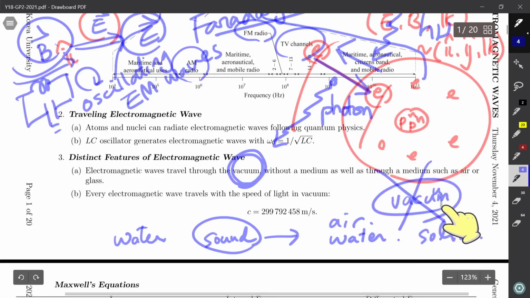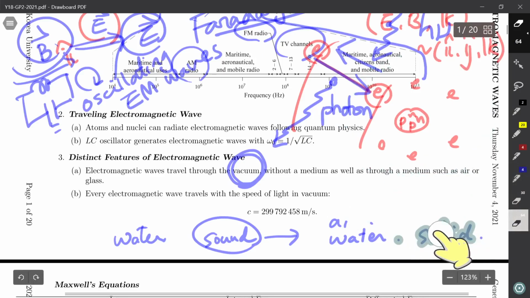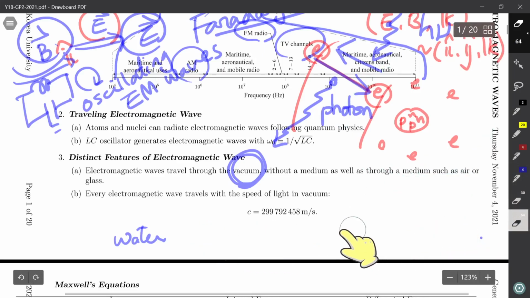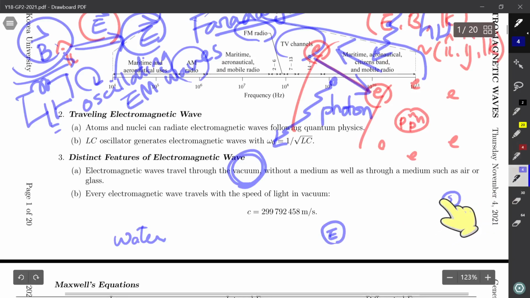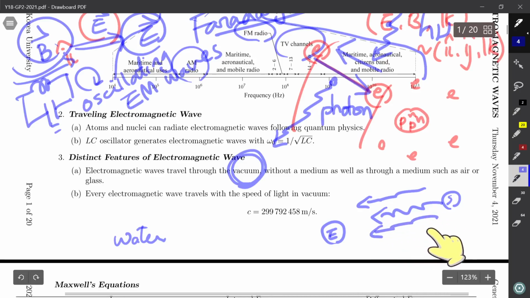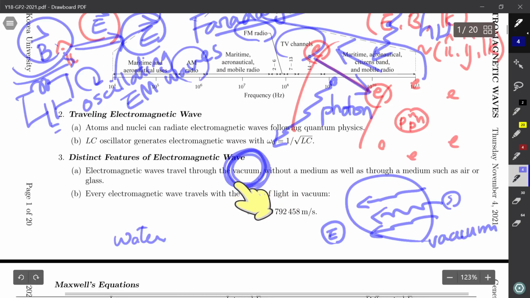No sound at all. However, electromagnetic wave travels from the sun to our Earth. Electromagnetic waves travel along the space. There's nothing, vacuum. So this is the only wave that travels through vacuum.